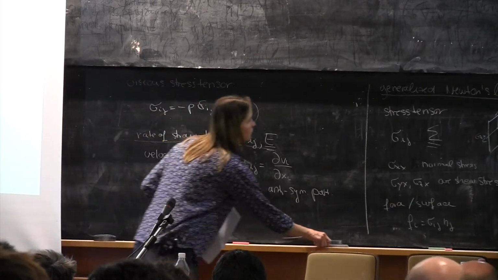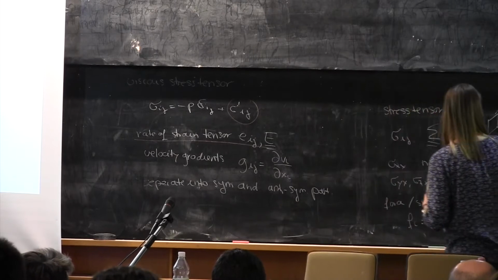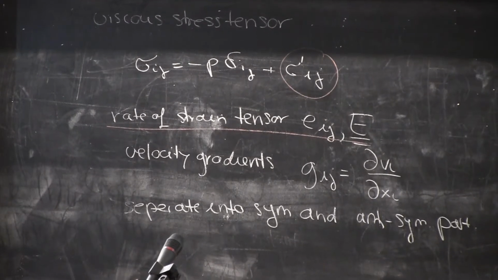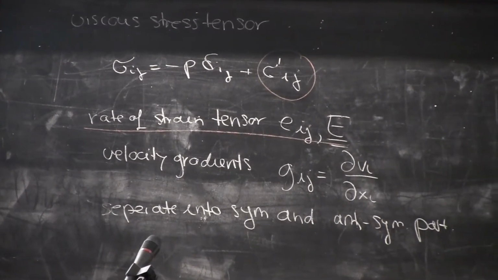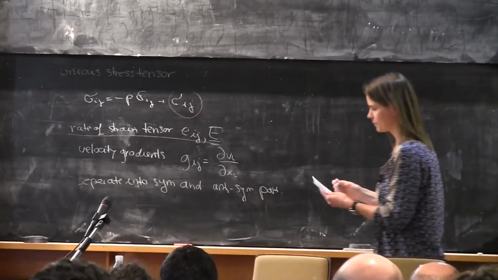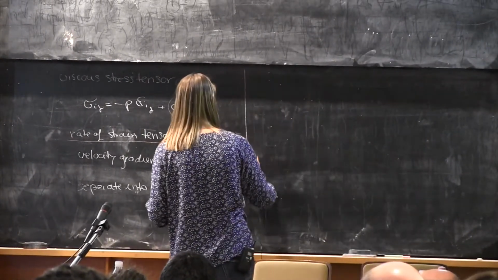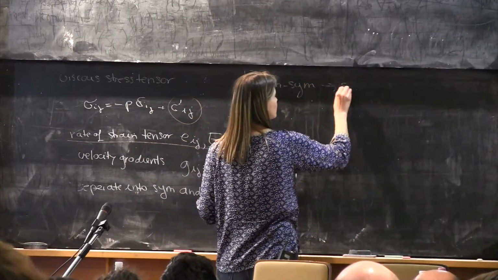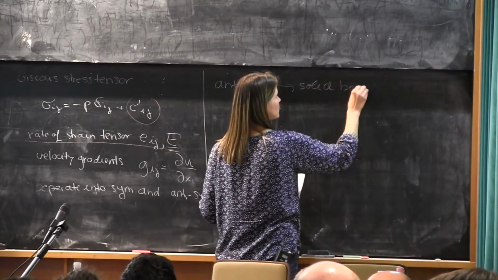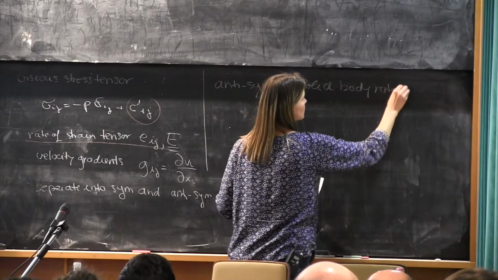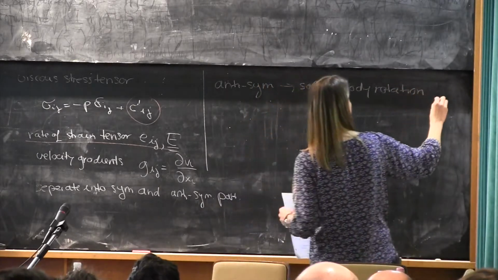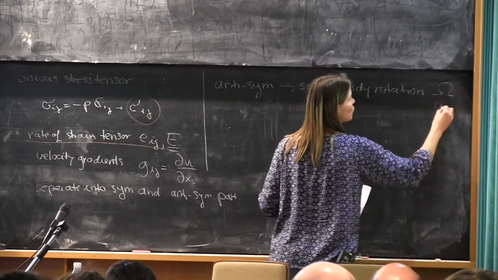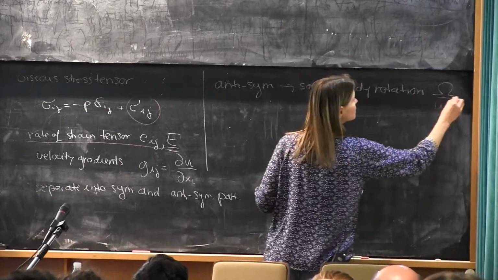The antisymmetric part will correspond to a solid body rotation, and the symmetric part will correspond to the shear. So this part is typically called omega, or you can have it as small omega_ij if you want, and this is the tensor.